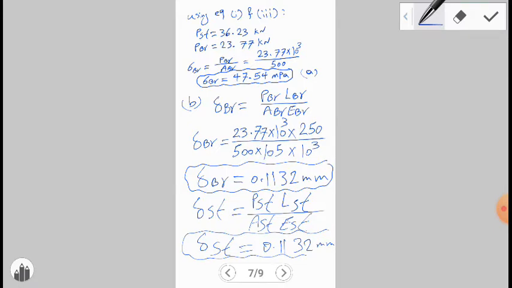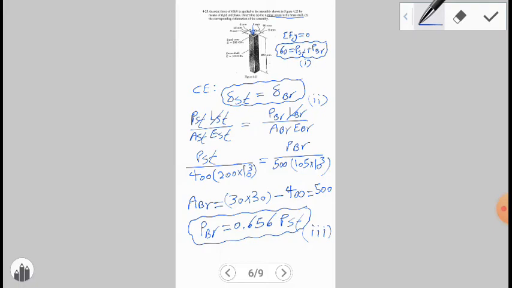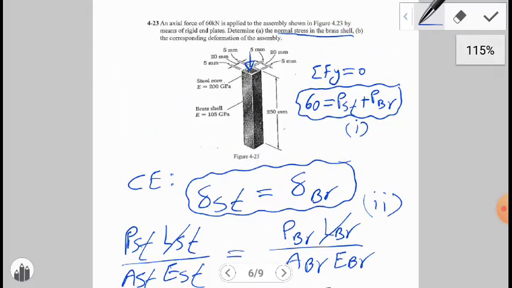Let's review the whole solution. The question was to find the normal stress and the deformation of the assembly in this system. This member is a composite member. It is made of 2 different materials, brass and steel core.